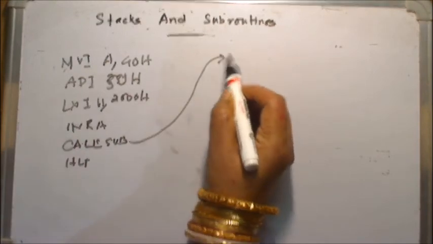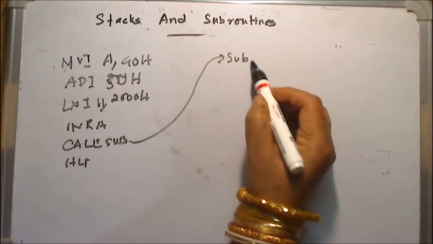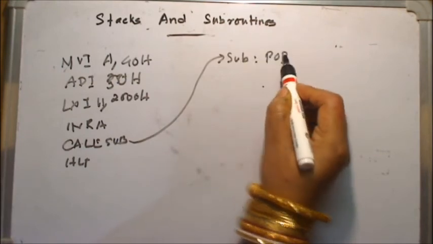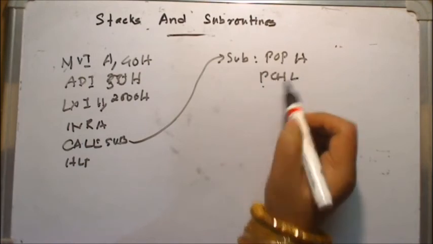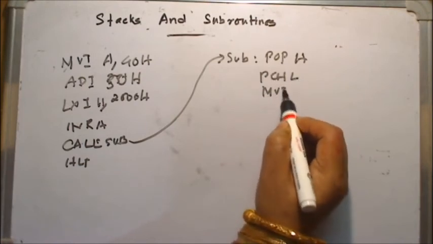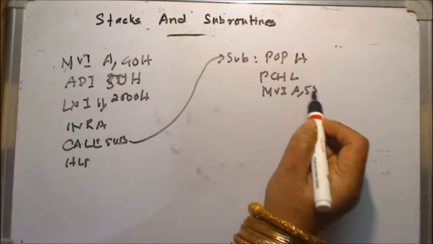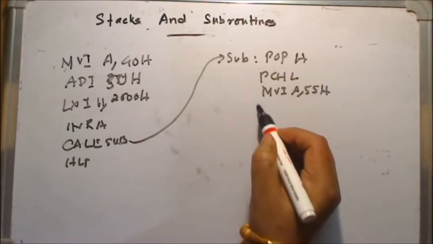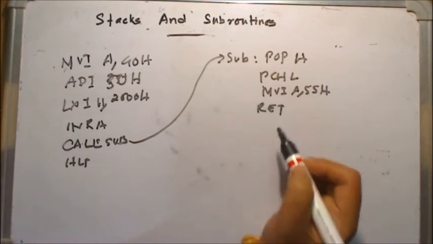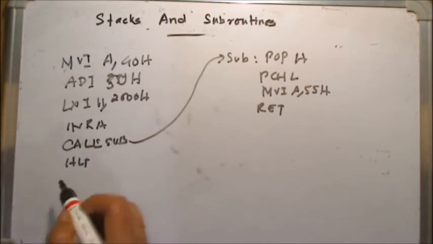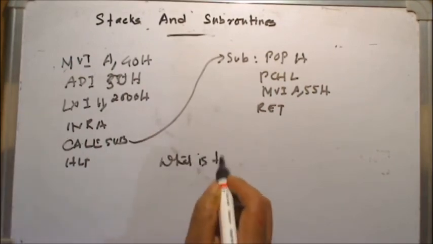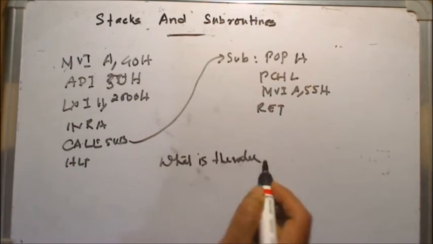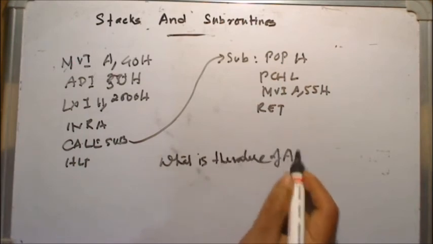Now call subroutine, you should go to the subroutine. It will first have POP H, then PCHL, then MVI A, 55H, and then return. Okay. So after this program, the examiner may ask what is the value of A here.